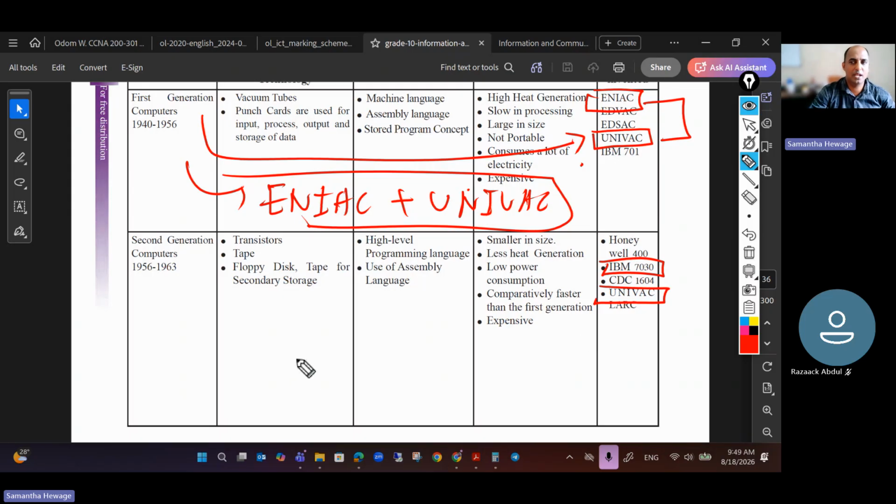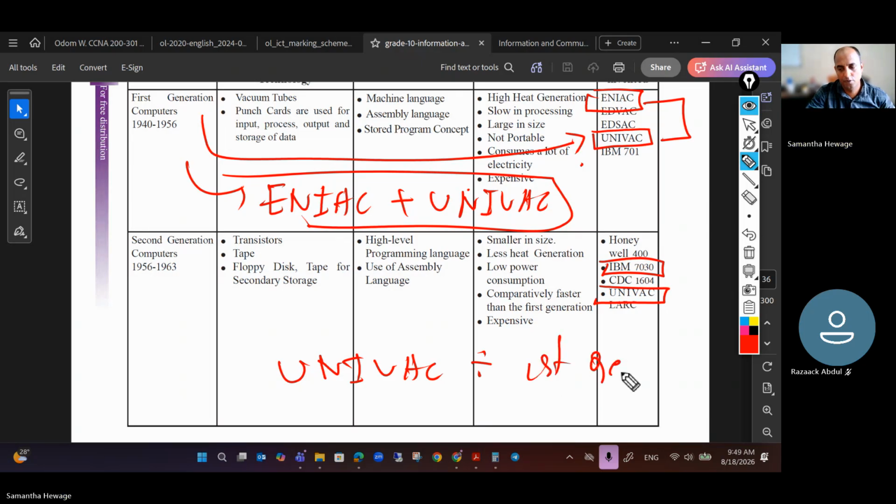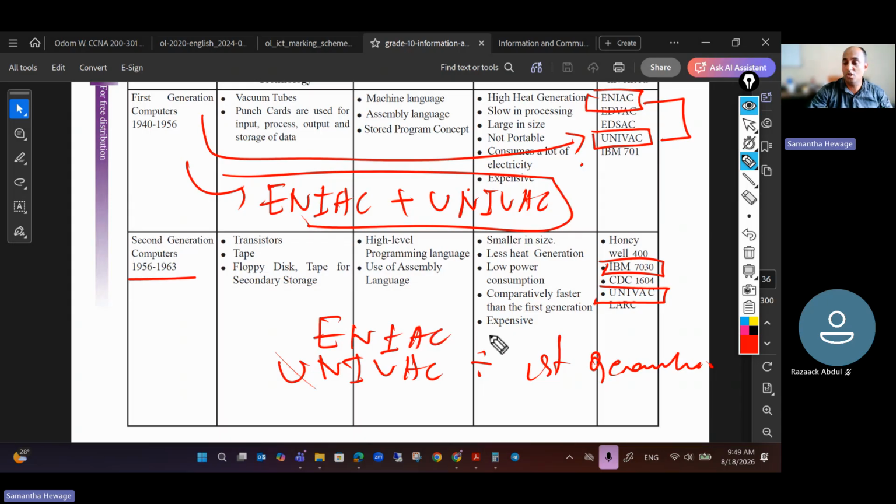But remember, sometimes they might ask, UNIVAC was introduced in which generation? This is the first generation, not the second. In the second generation it was also used in that period, but it was introduced in the first generation. The other one is ENIAC, which was also introduced in the first generation. So in the first generation, there are two computers introduced mainly, ENIAC and UNIVAC.